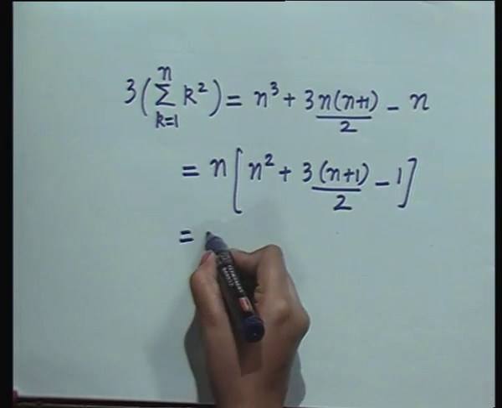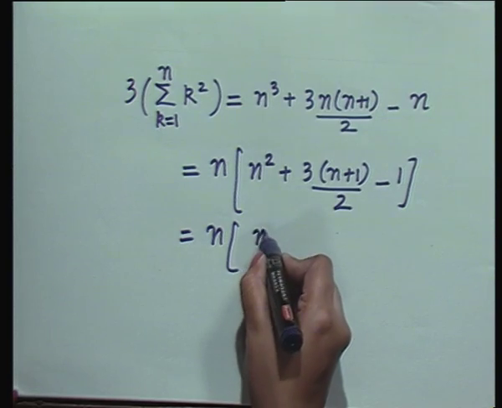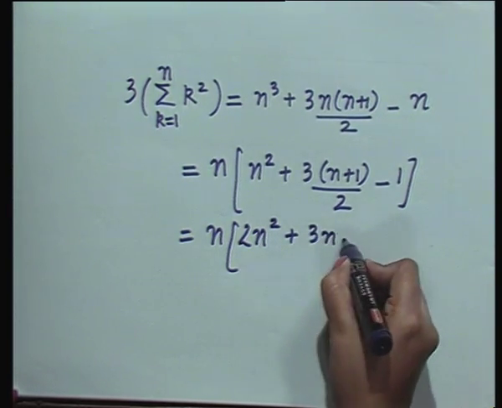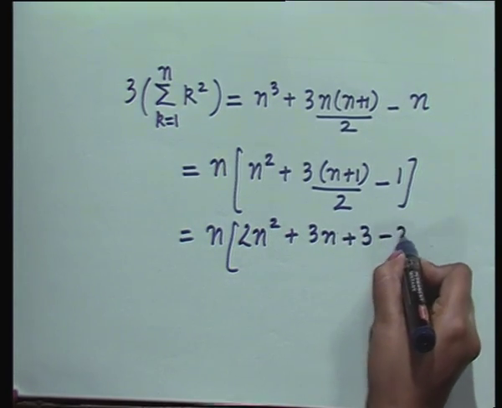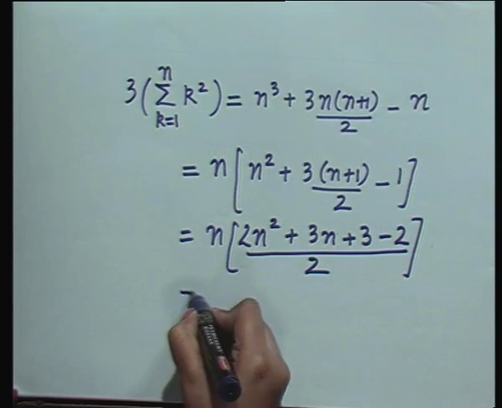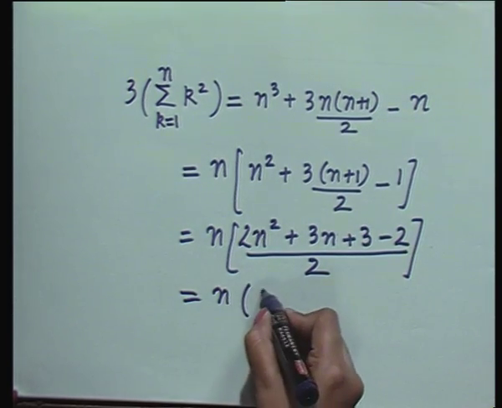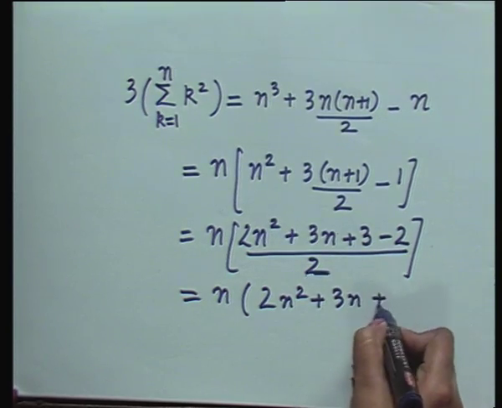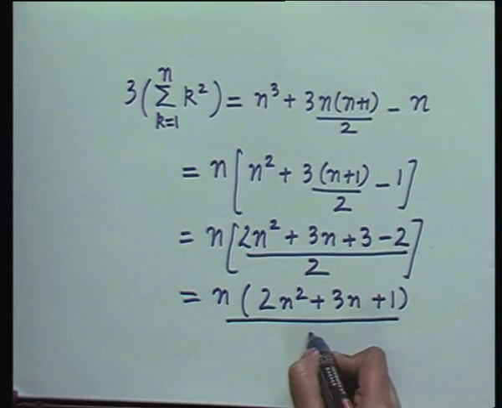And as you simplify further, you can see it is going to be 2n square plus 3n plus 3 minus 2 by 2, which is clearly n into 2n square plus 3n plus 1 by 2.